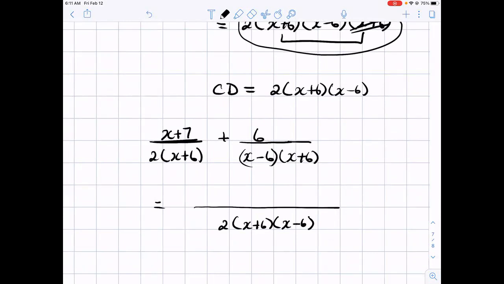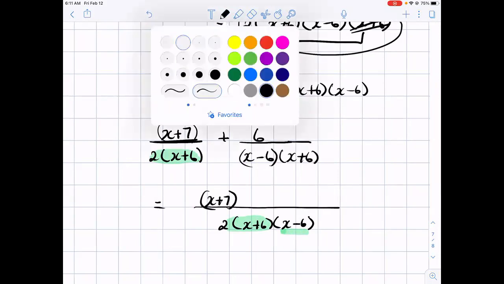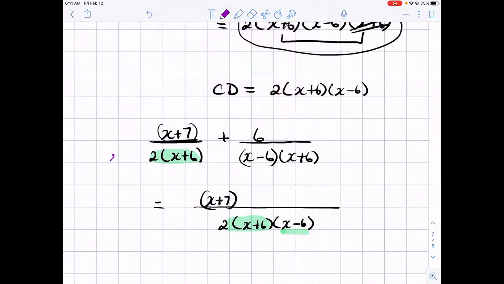Okay? So we take the numerator, which is x plus 7, and then we compare the denominator. Here we have 2 parentheses x plus 6, but we're multiplying it by x minus 6 also. So I have to multiply the top and bottom by x minus 6. So we have an x minus 6 here.